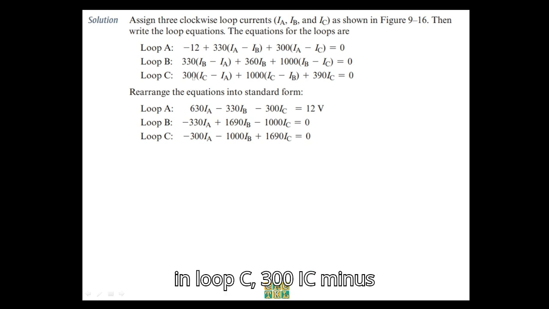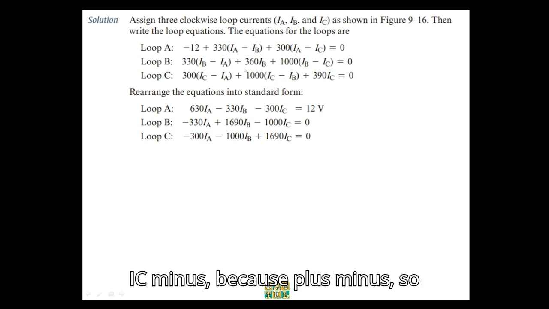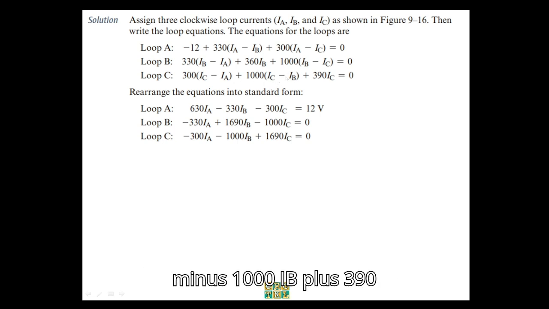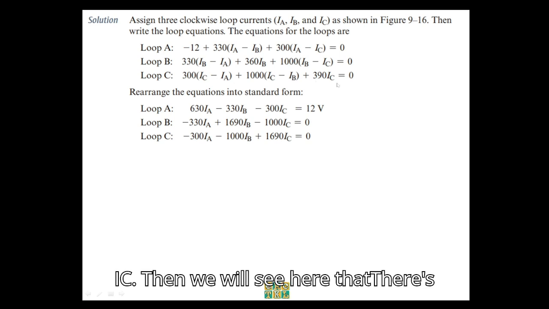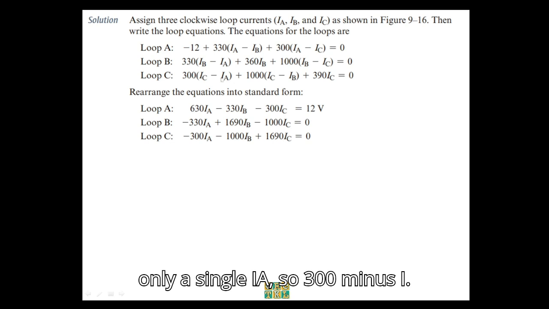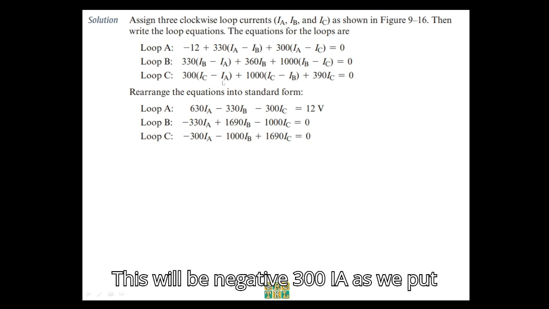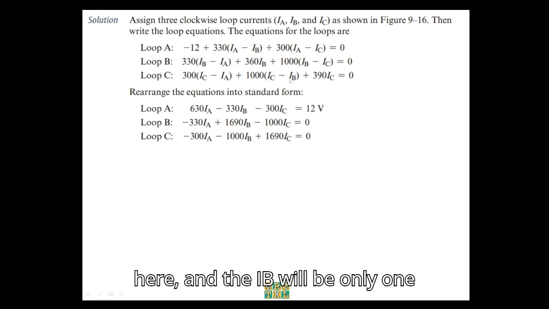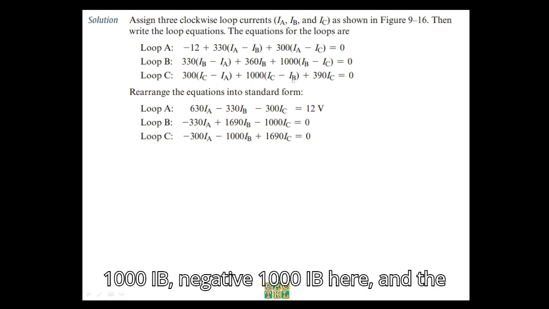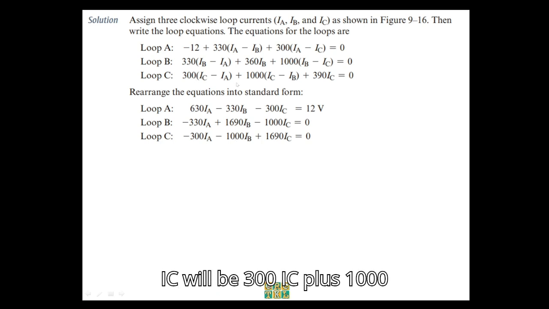Now in loop C, 300 IC minus 300 IA plus 1000 IC minus 1000 IB plus 390 IC. Then we will see here that there's only a single IA, so this will be negative 300 IA as we put here, and the IB will be negative 1000 IB here, and the IC will be 300 IC plus 1000 IC plus 390 IC.